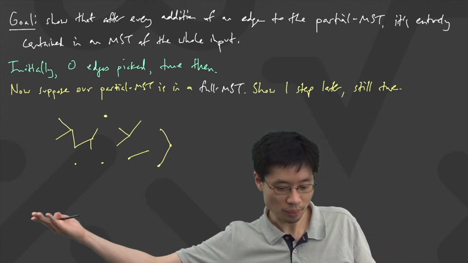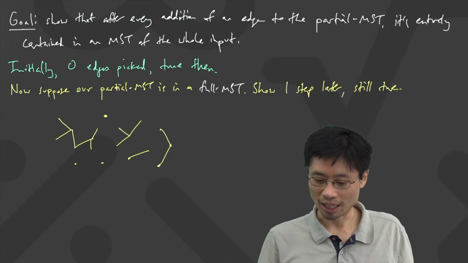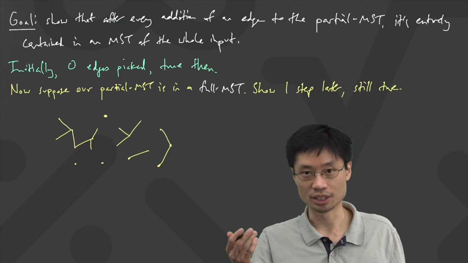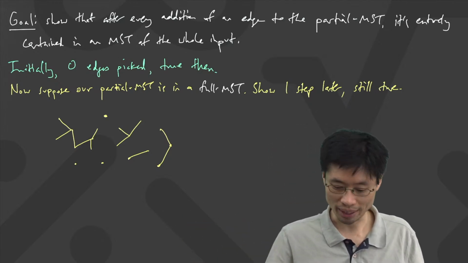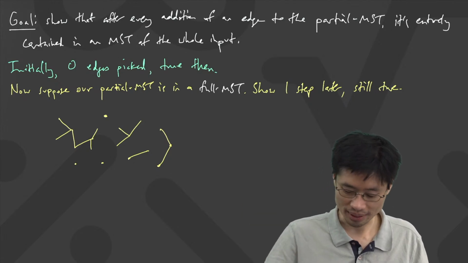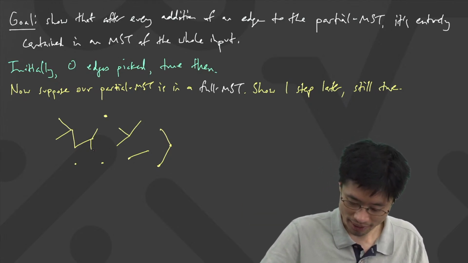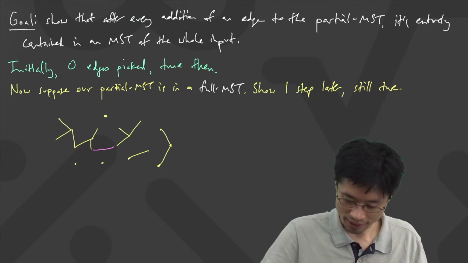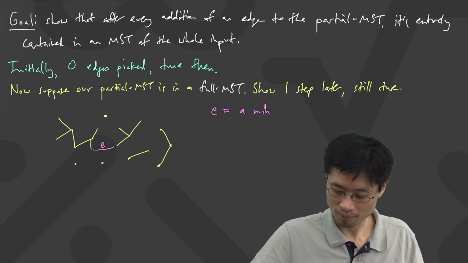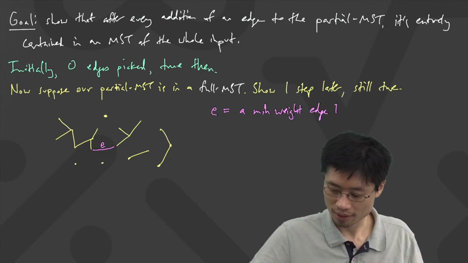Okay, but suppose I've gotten this thing so far. Now I am adding one more edge, and the edge that I'm adding is a minimum weight edge that does not make a cycle. Which one is that? Maybe that's here, edge E. So E is a minimum weight edge that doesn't make a cycle.